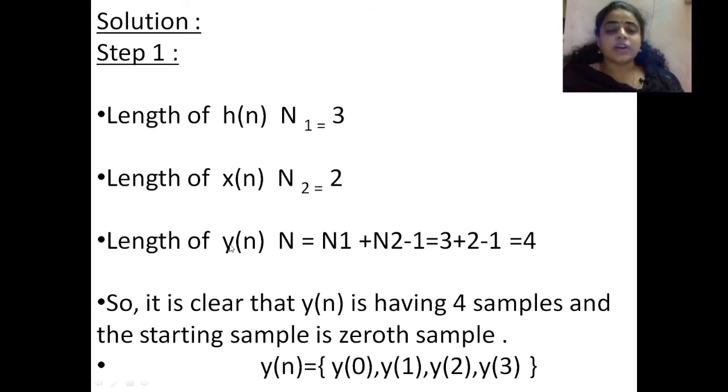So the length of y of n equals n1 plus n2 minus 1, that is 3 plus 2 minus 1, which is 4. So y of n will have 4 samples, and the starting sample is the 0th sample. Always we will take from 0 only. Y of n equal to y of 0, y of 1, y of 2, y of 3. We have to find these.